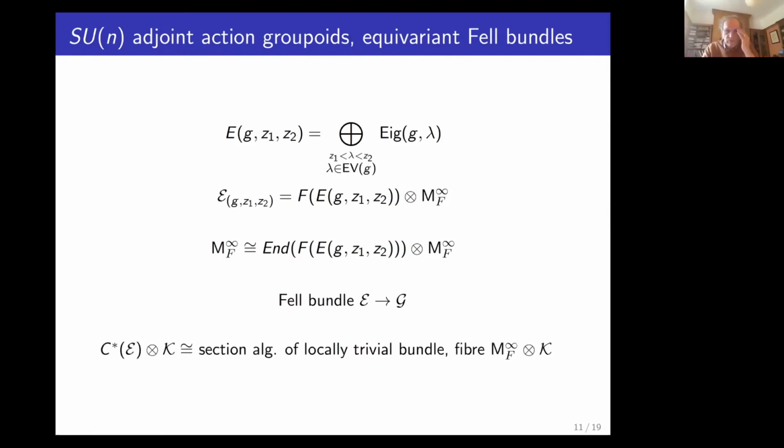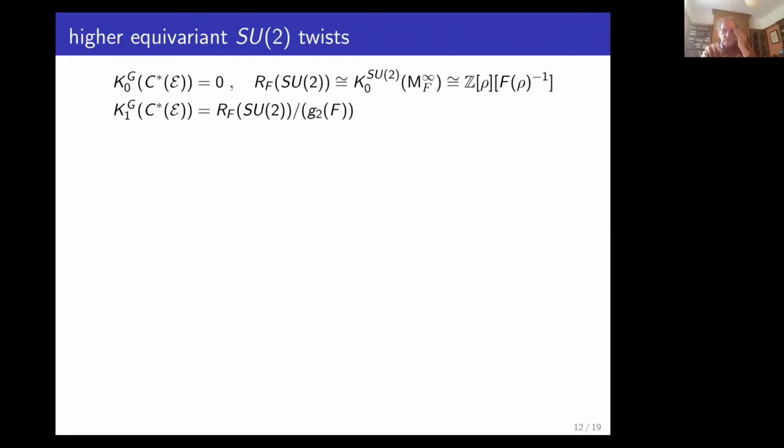And so we have these bundles, and then there's a natural notion of a C-star algebra associated to this Cal E. And the stabilized algebra is then the section algebra of these locally trivial bundles with these more exotic fibers. So in the case of the Fried-Hopkins-Teleman twist, where F is lambda top, this collapses and it's just the usual bundle.